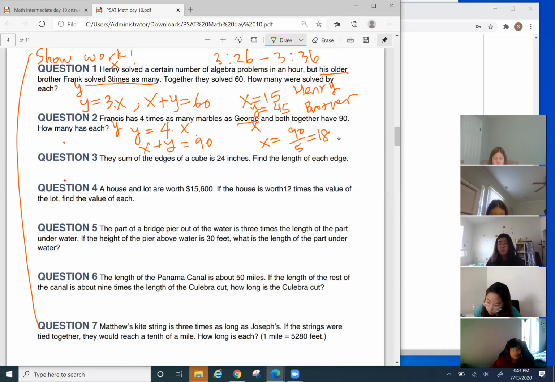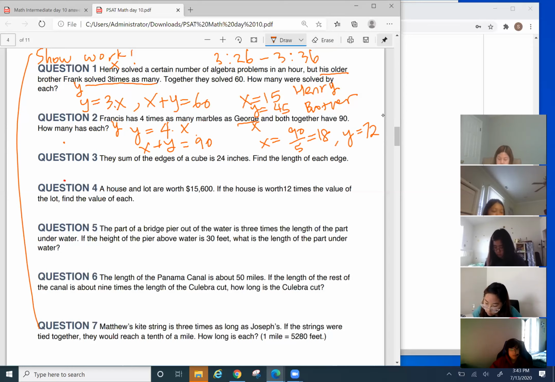What did you guys get? Oh, y equals 72. So in your equation, y has to be 72 and x has to be 18. So together there are 90 and it's 4 times as many.